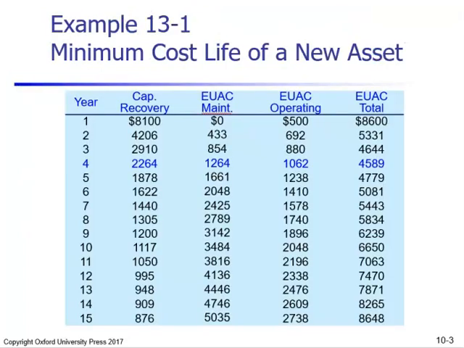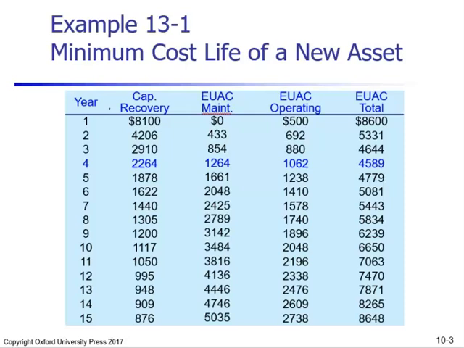Okay, now we do an example, and since it is a descriptive type of example, and I'm sure it's not going to be a challenge for you to understand this, I'll quickly jump to the answer also. So we are going to review this minimum cost life of a new asset, capital recovery.